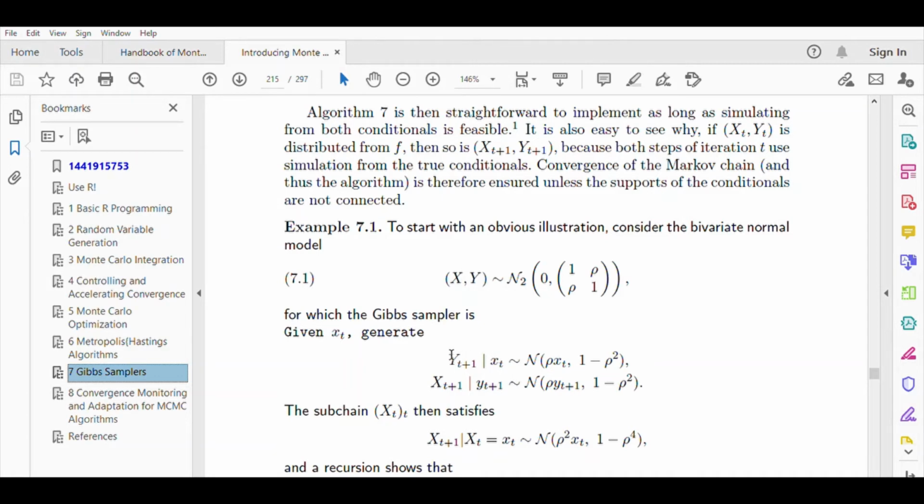Then the next value of y can be generated from the conditional distribution of y given x_t. So what will be the conditional distribution? It will be normal with mean rho times the value of x and variance 1 minus rho square. And now use this value of y to generate a random observation from the conditional distribution of x given y, like this.